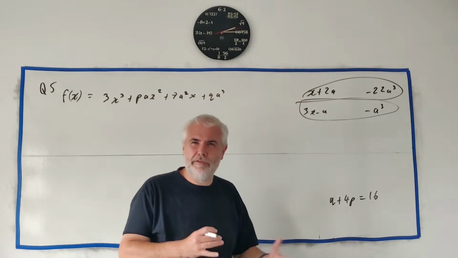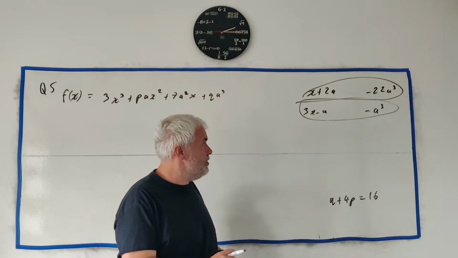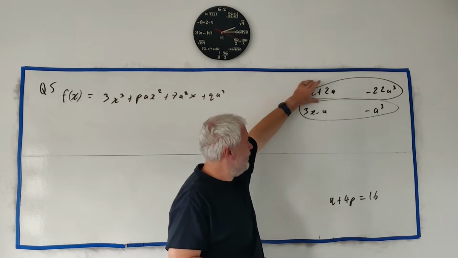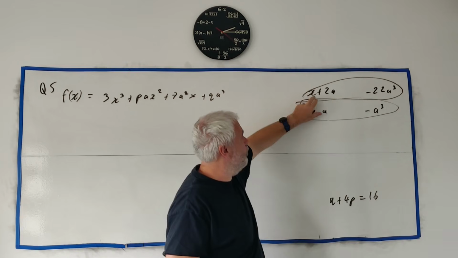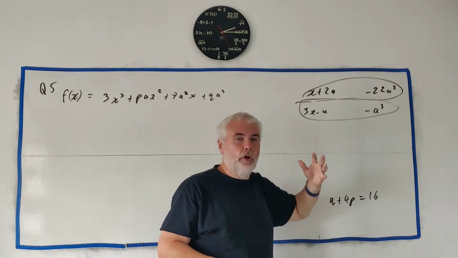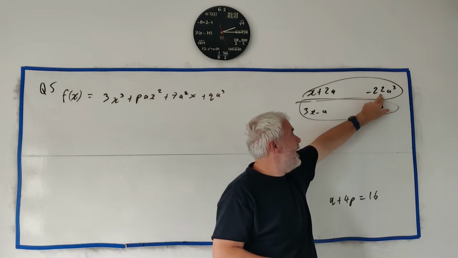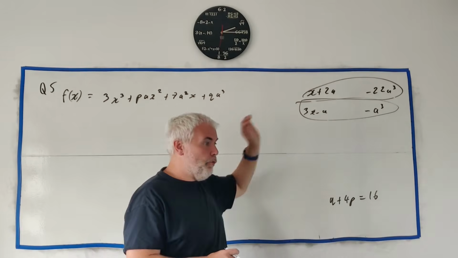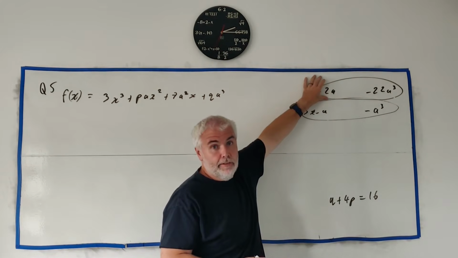I'm just going to use the words factor and root here, understanding that there is a remainder. So if we call this a factor, that has the first one, the root would be 2a. But in this case, it wouldn't equal 0, it would equal minus 22a cubed. So that's what we know from a remainder and a factor.